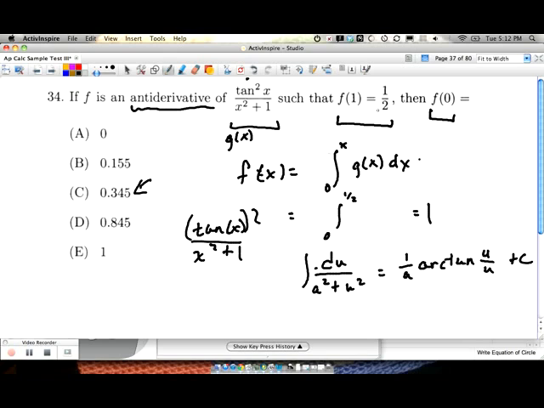That means that this is not from 0 to x, this is from a to x. That means that I need to have this go a little bit further back for that to equal 1/2.